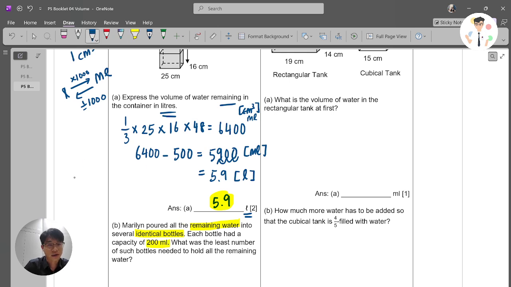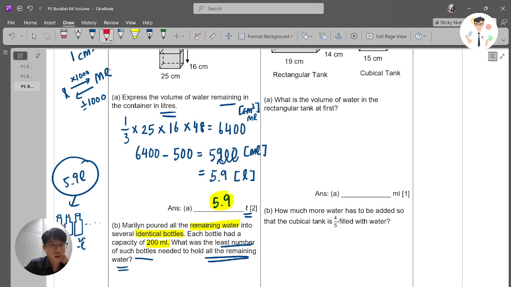So it means that now I have this 5.9 liter of water and I want to pour it inside bottles like this, and all of these bottles are the same. I don't know how many bottles, but I know each of them has 200 ml. Now, what is the least number of such bottles to hold all the remaining water?